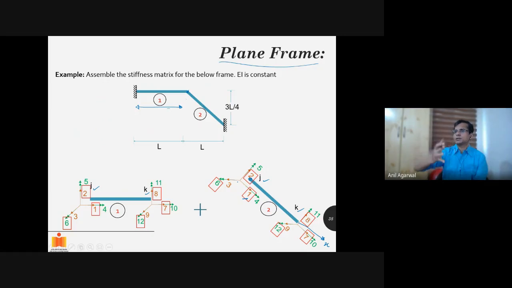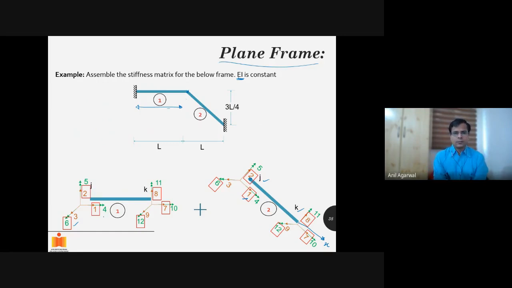Let's not rotate unnecessarily. And the cross-section properties are given, let's say EI in both directions. EI is given as constant, so we have to deal only with one EI, that is in this plane, the 2, 6 plane, right? So that EI is constant. So we will deal only in this plane. We will not unnecessarily define 2 and 6 in the out-of-plane direction, because that is the EI that we have to deal with.